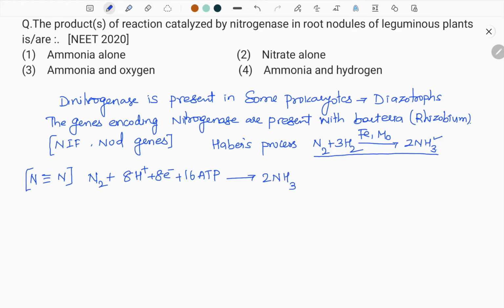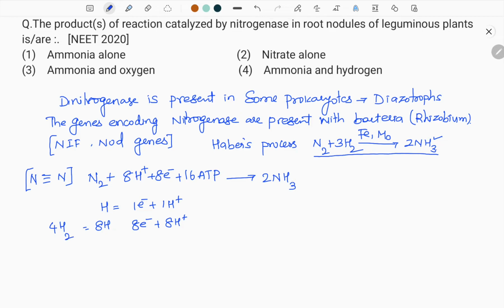Remember one thing, that one hydrogen is equal to 1 electron plus 1 proton. Here we have taken 8 electrons and 8 protons. So 8 electrons and 8 protons is equal to 8 hydrogens. 8 hydrogens is equal to 4 hydrogen molecules.